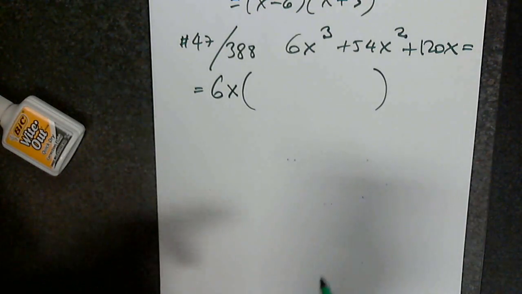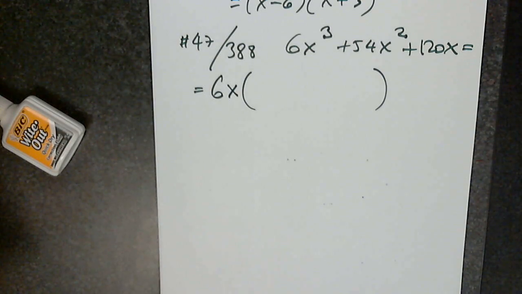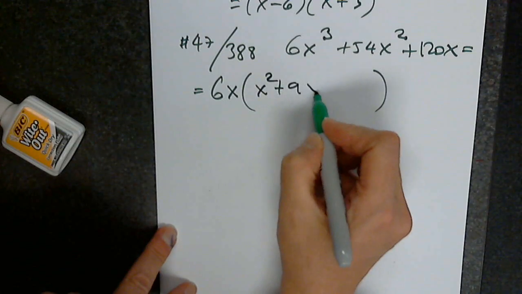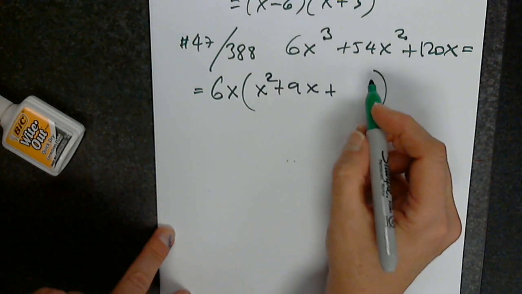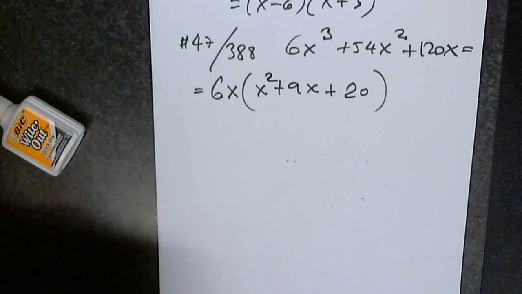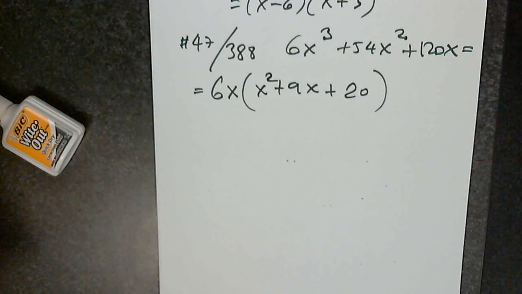So please tell me what you have in parentheses. X squared plus 9x plus 20. Good. So now I'm focusing on x squared plus 9x plus 20.